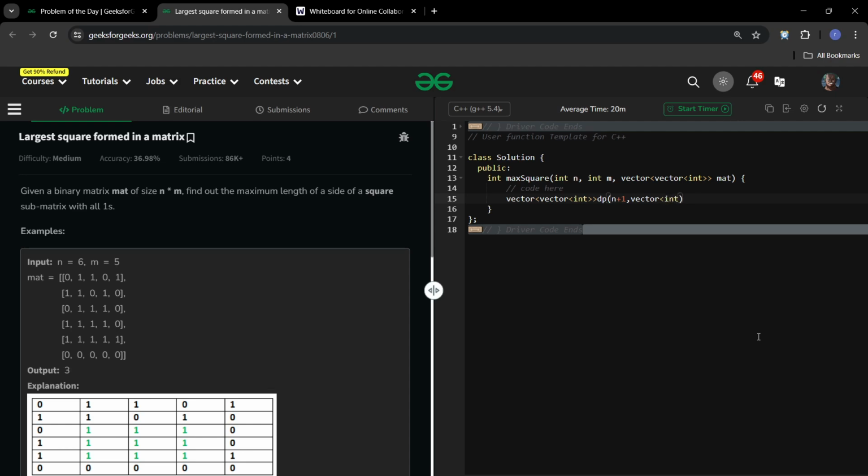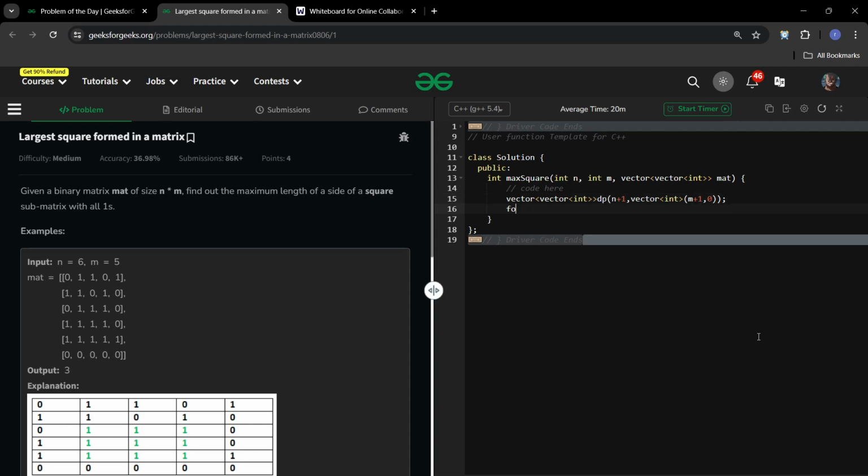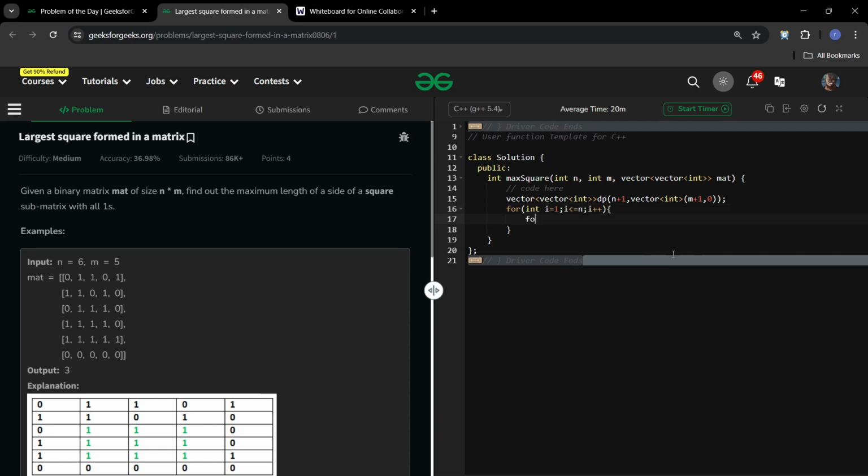I can take an array also, but if we take a vector, it's more convenient to initialize the zero values. So everything is initialized to 0.